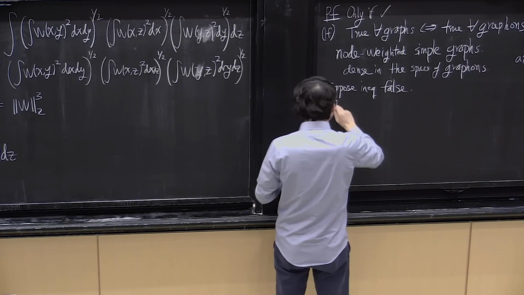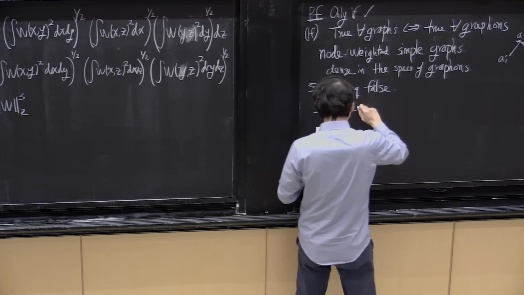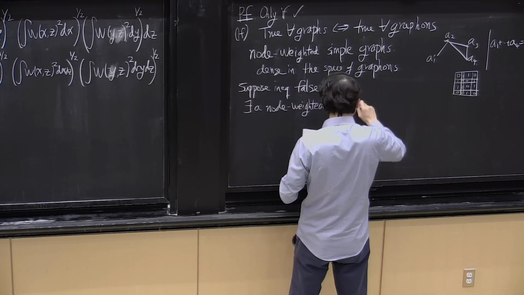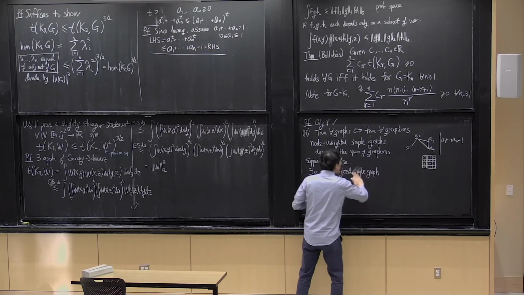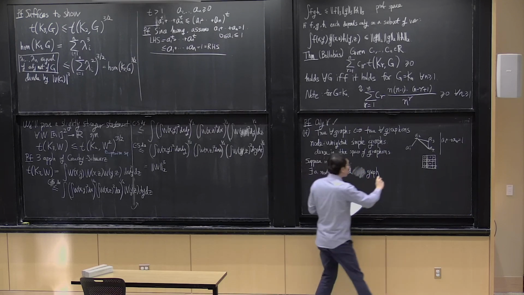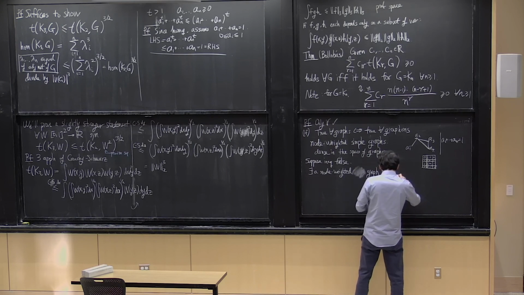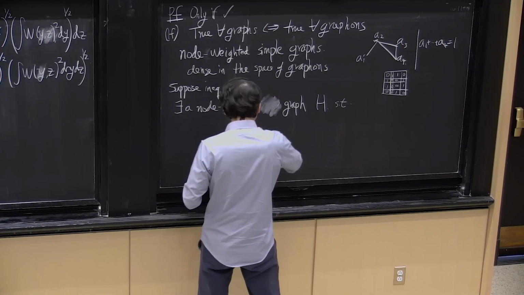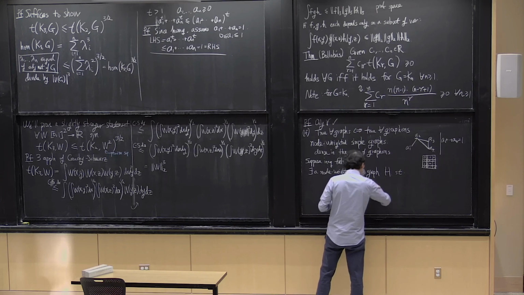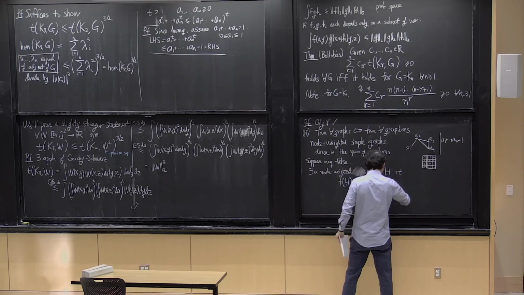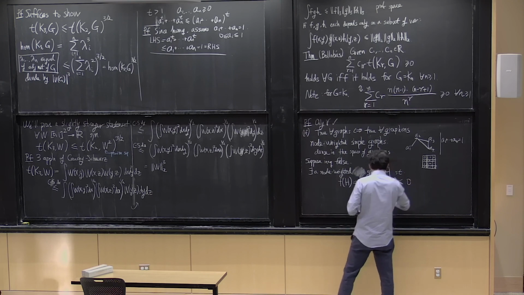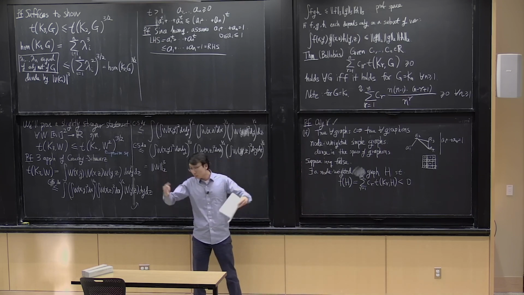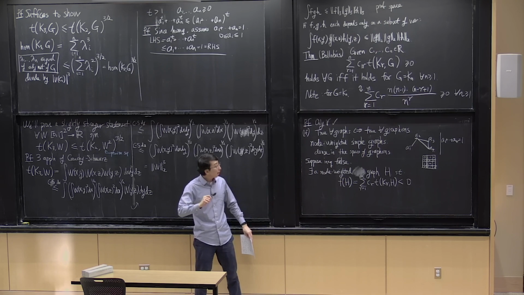Then there exists a node-weighted simple graph, I'm going to actually drop the word simple from now on, so a node-weighted graph H, such that f of H, being the above sum, is less than 0. And there could be, of course, many possibilities for such an H, but let me choose one.